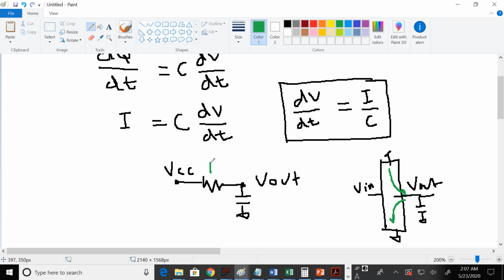So if you look at this circuit right here, you think back to 211 maybe, of what this circuit is. This is a low pass filter.